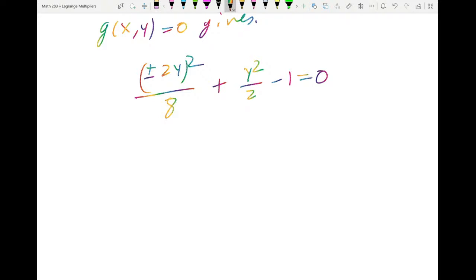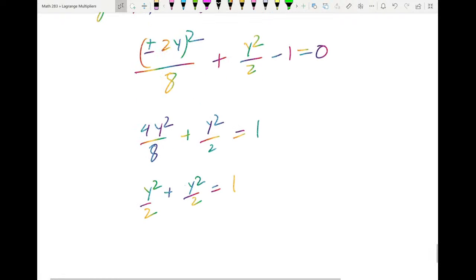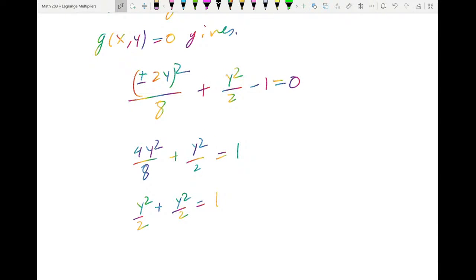Now that gives you what? 4y squared over 8 plus y squared over 2 equals 1.